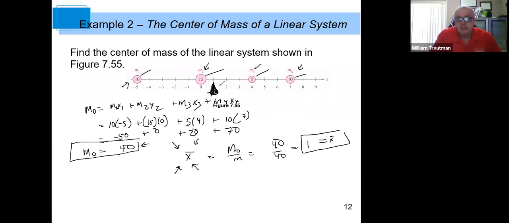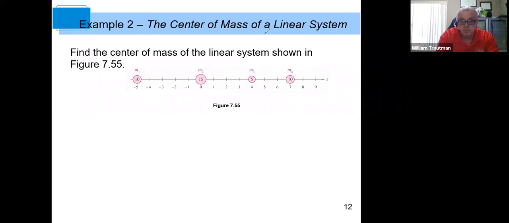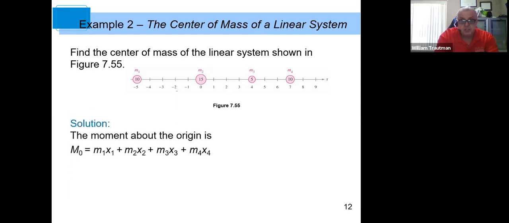Okay, that's not too bad. This is one-dimensional. And I think they go through, let me see if they go through this. Yeah, they go through the same thing I just did.